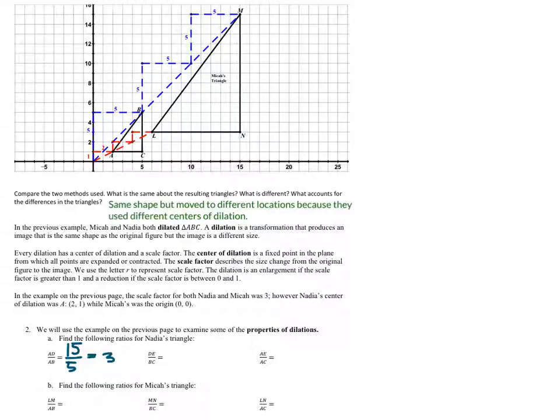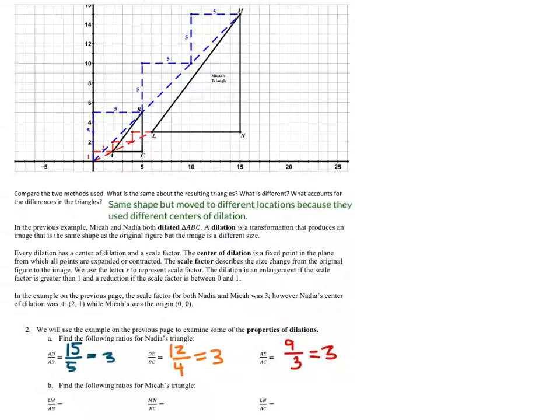So that was 12, divided by BC, which is 4. And this simplifies also to 3. AE, which was 9, and AC, which is 3, so dividing these two gives us 3. Now, hopefully you remember this scale factor also was 3.